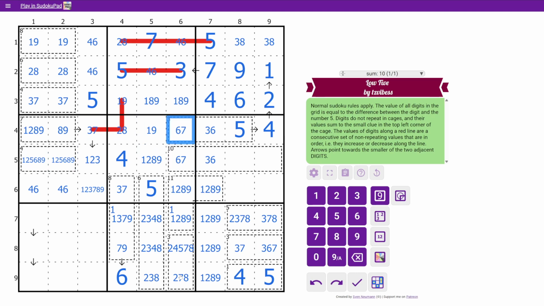Six, 7 combo. 4 because it's seeing a 6, 7 down here. It's 2, 8.